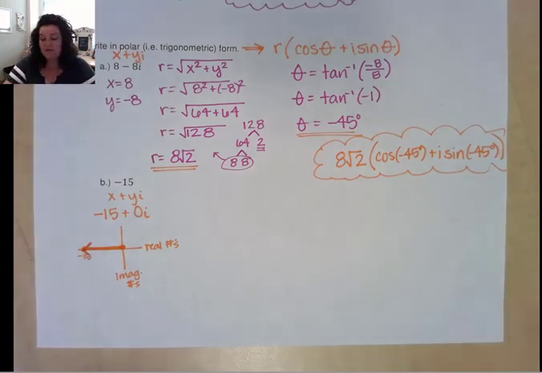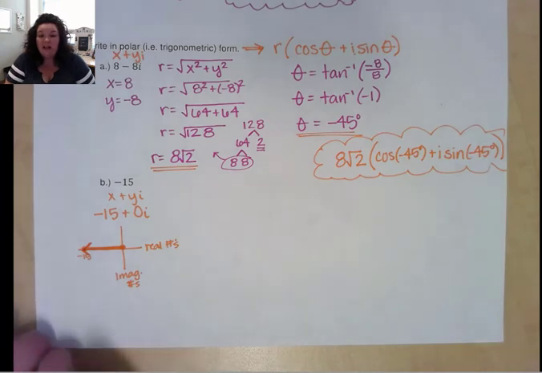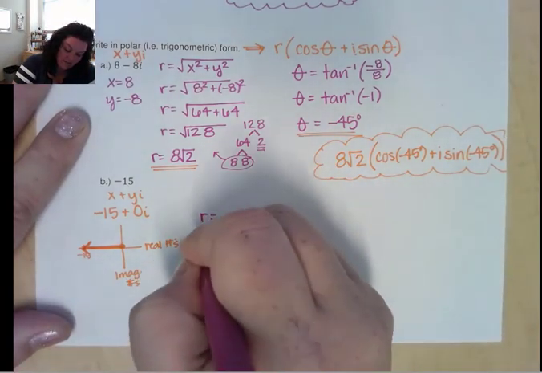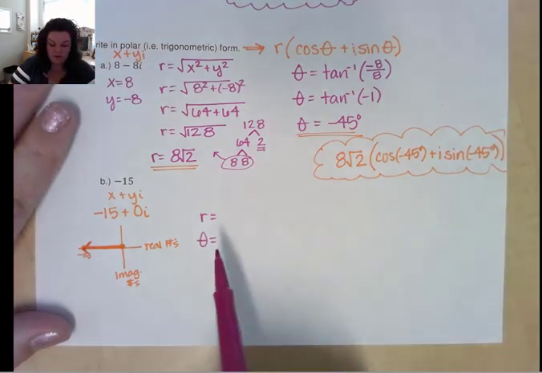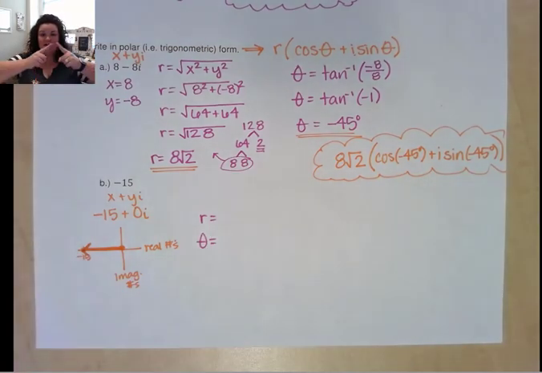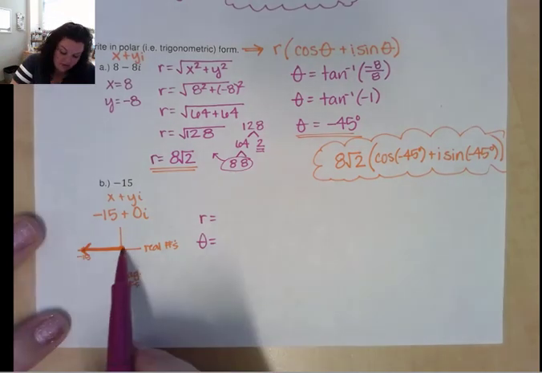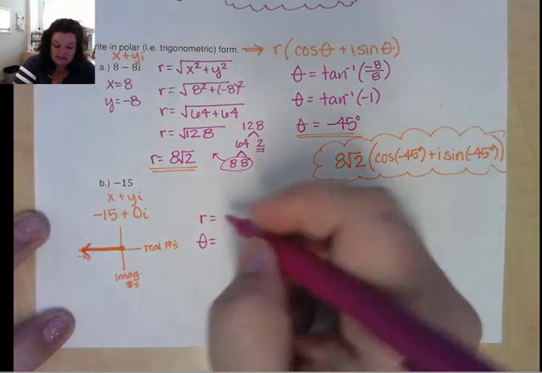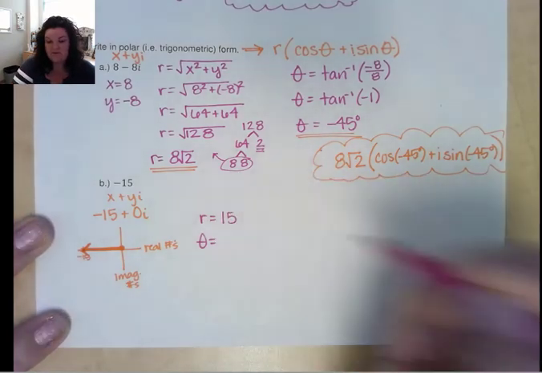Just from looking at that one line, because there's no imaginary part, I should be able to easily figure out what my radius value is and what my theta value is. Remember, radius is the magnitude, or the distance. If I go from 0 out to negative 15, then my radius length, or that distance, is 15.